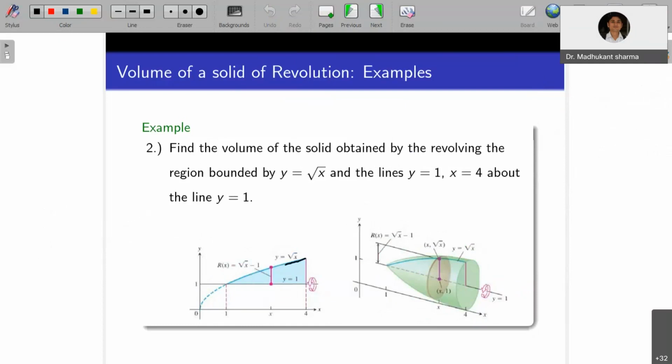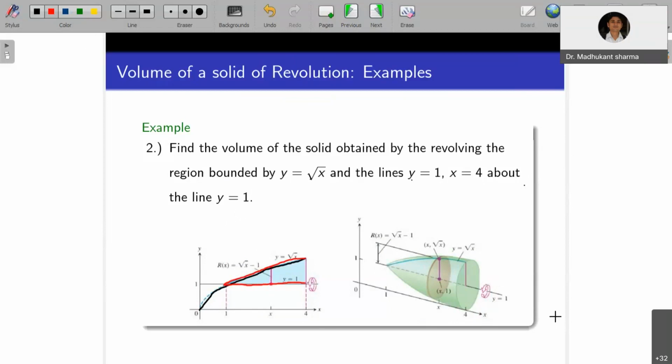Find the volume of the solid obtained by revolving the region bounded by y equals root x and the lines y equals 1, x equals 4, about the line y equals 1. So you are only revolving this region about this line, and you are going to obtain this.